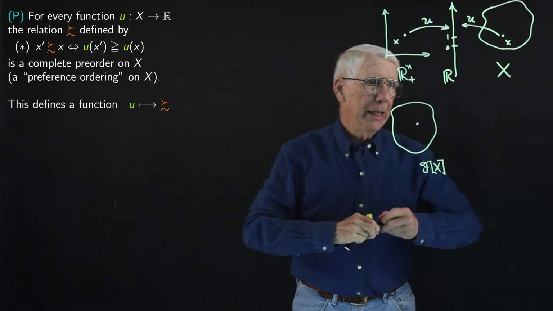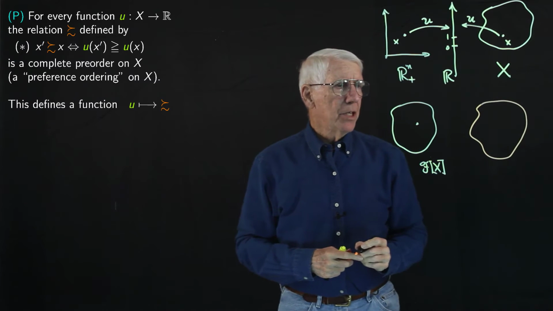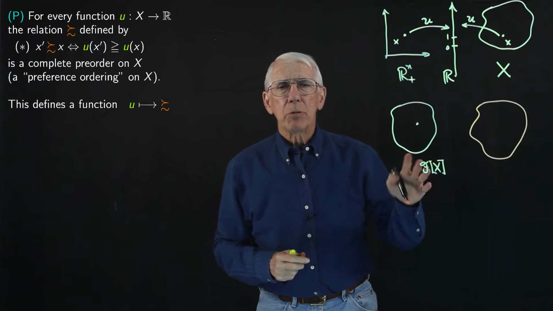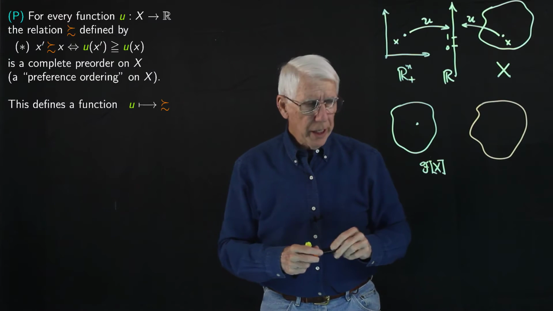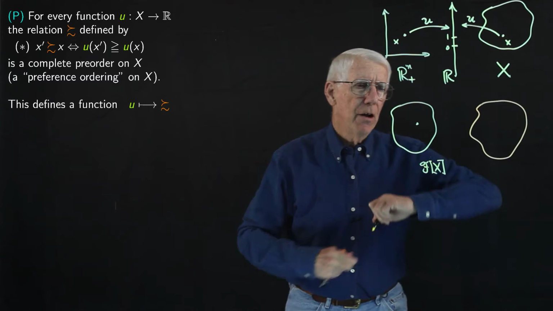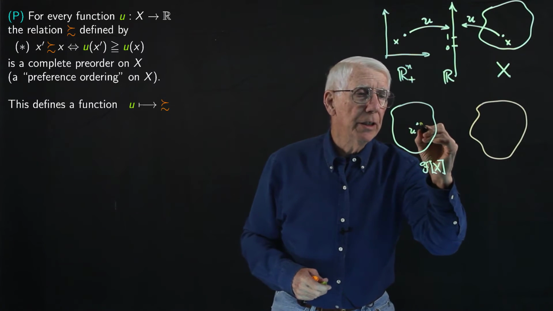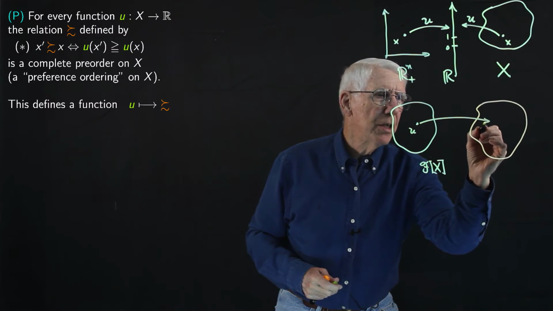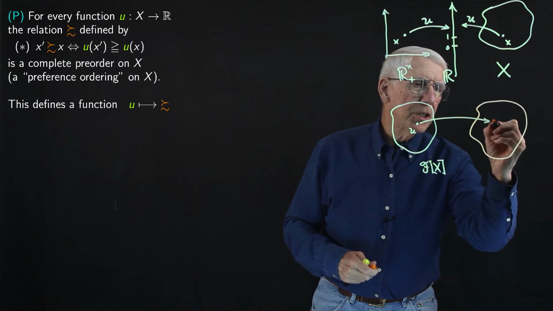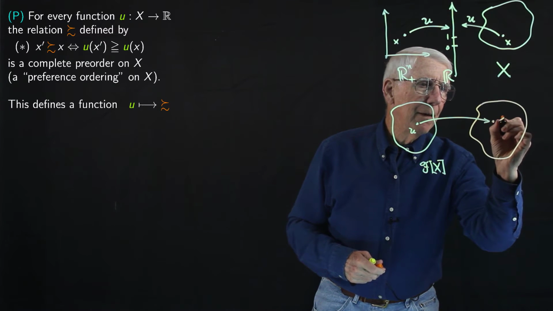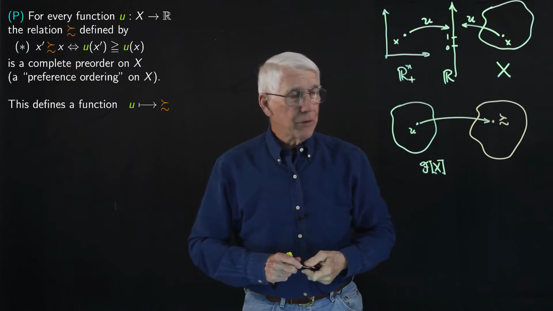And so over here we have, let's say, the set of all complete preorders on the same set, capital X. And so what's going on in this function is that for a particular or typical utility function, this always assigns to that utility function some particular, I guess we'll draw it this way, some particular preference ordering.